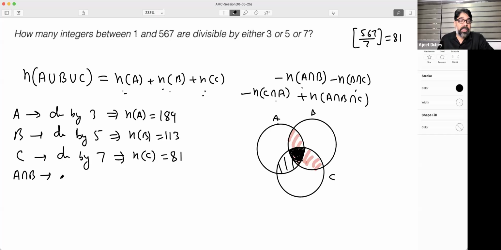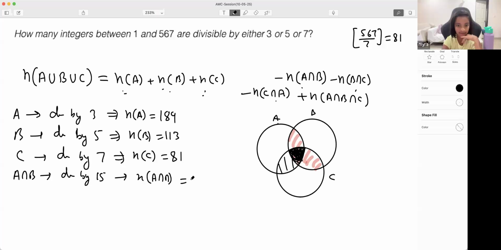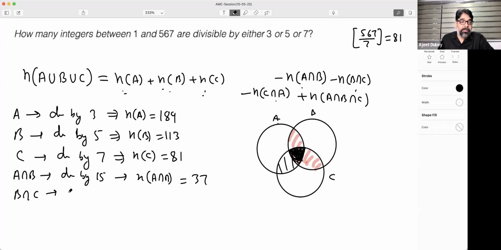Means both, we already calculated, I guess, divisible by 15. That will be n of A intersection B, divisible by 15. That we already calculated, no? So 37. B intersection C means divisible by 35.